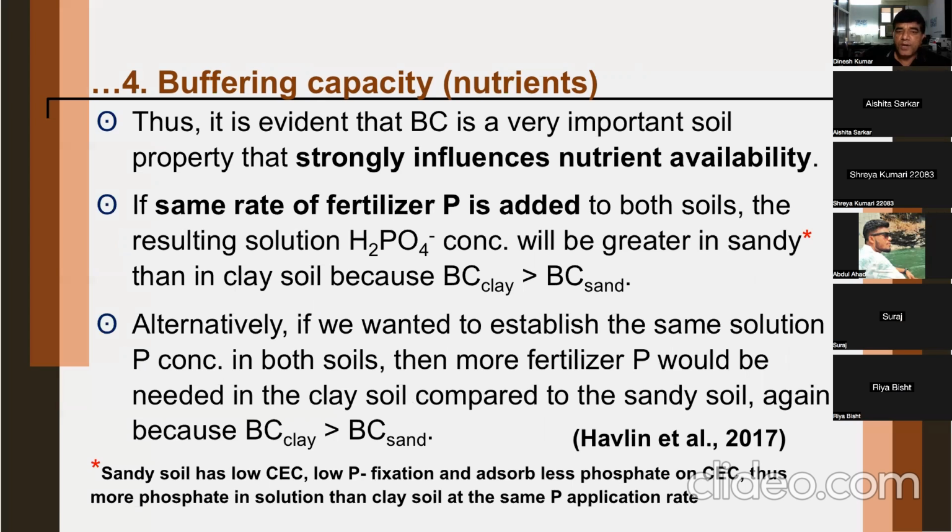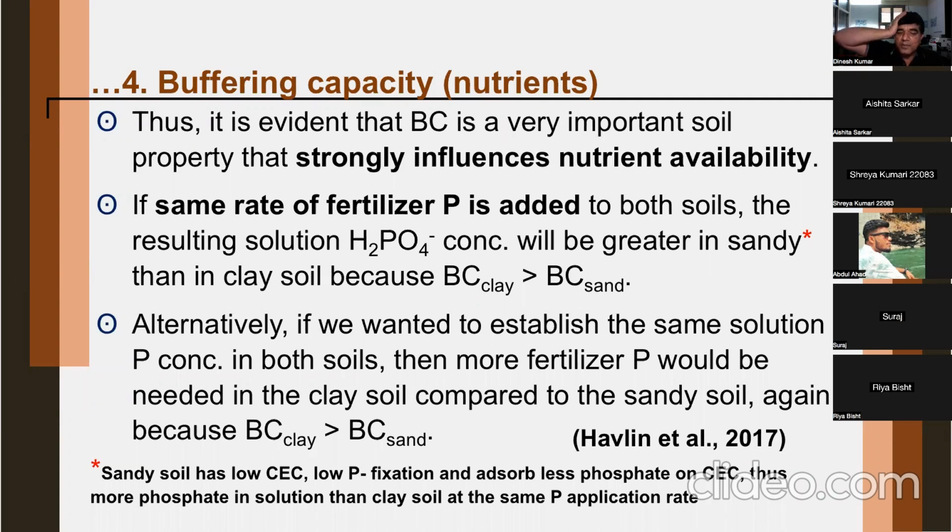If the same rate of fertilizer P is added, now you see this is a very interesting question. If the same rate of fertilizer P is added to two kinds of soils, the resulting solution H2PO4 concentration will be greater in sandy than in clay soil because of the high buffering capacity of the clay than the sand. So here you see sand will also have low cation exchange capacity.